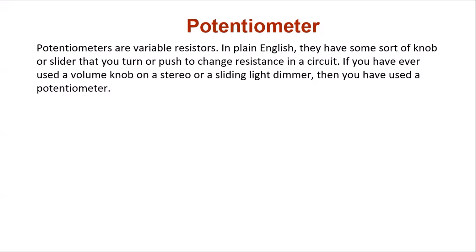It means if more current is given to a fan, it will spin at high RPM. If less current is given to your fan, it will rotate at lesser RPM. So the circuit can be operated in different ways. And that's why we are using this equipment, the potentiometer, which has the capacity, by sliding or by rotating, to change the resistance of the circuit.